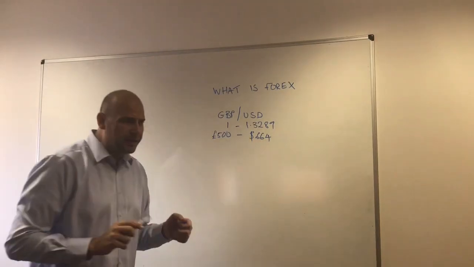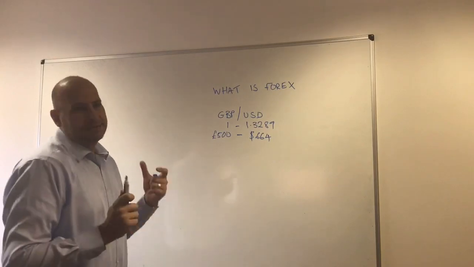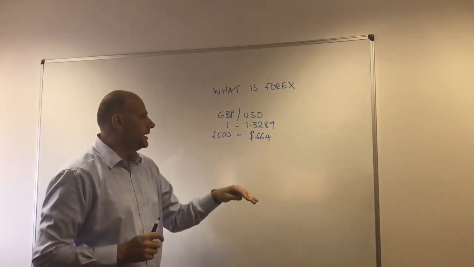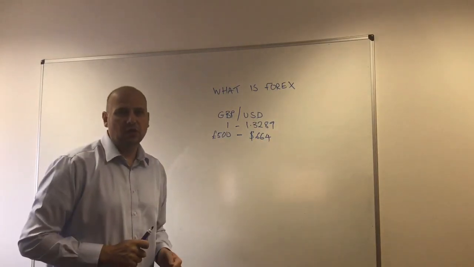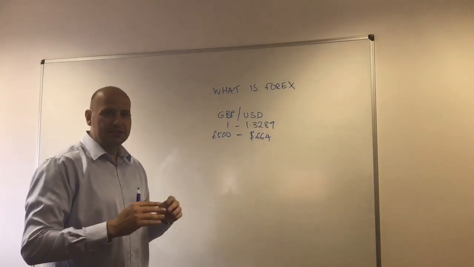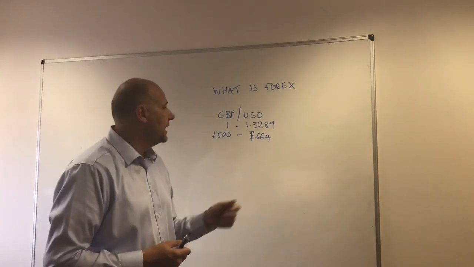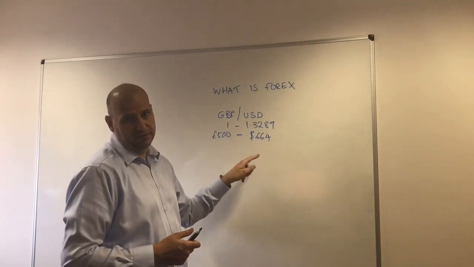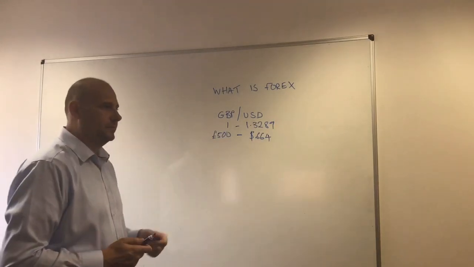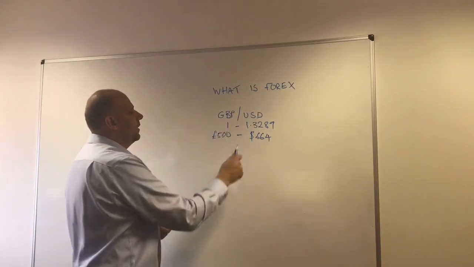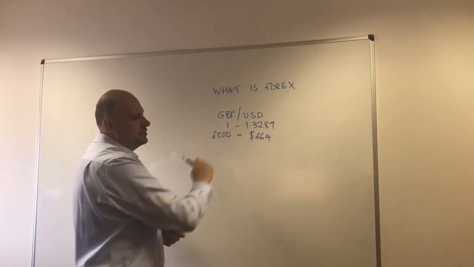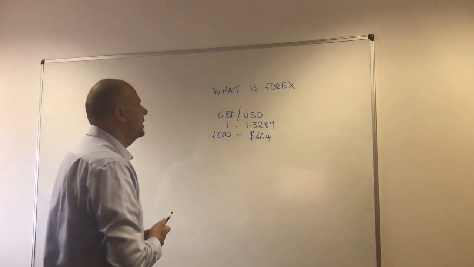Now, let's say you go on holiday, you've got your $664, but for some reason you don't spend any of it. You come back, you're in the airport, and you want to convert these dollars back into pounds. And while you've been away, this currency pair, the exchange, has changed.